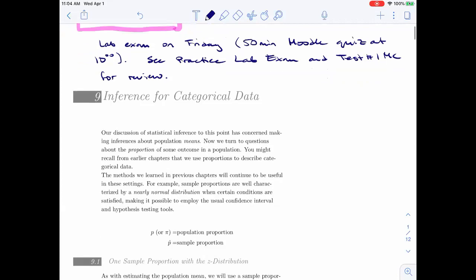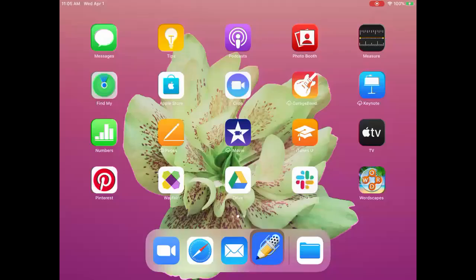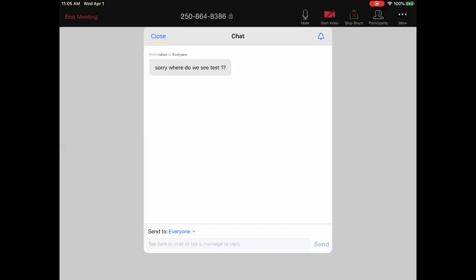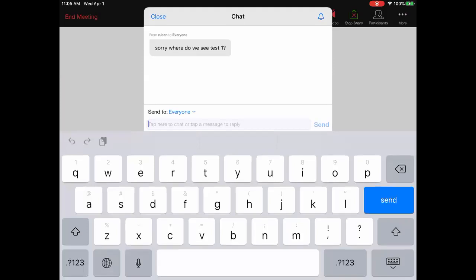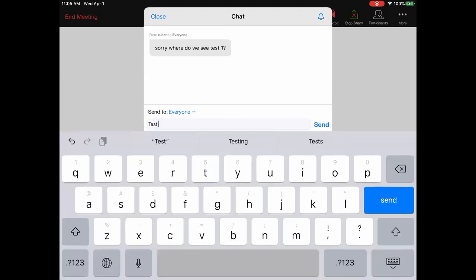Okay, one thing that we haven't really talked about yet is categorical data, right? So far we've been talking about means. I got a question here. Oh yeah, test 2, or sorry, do you want test 1 or test 2? Test 2?